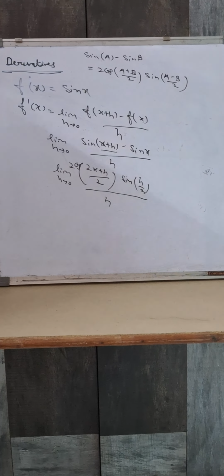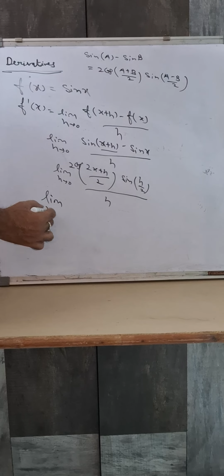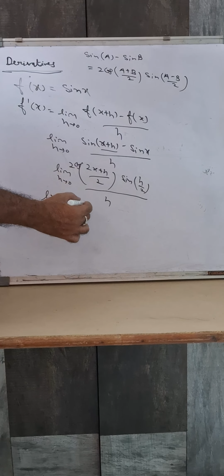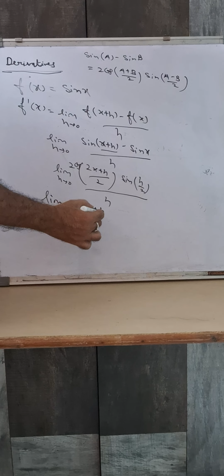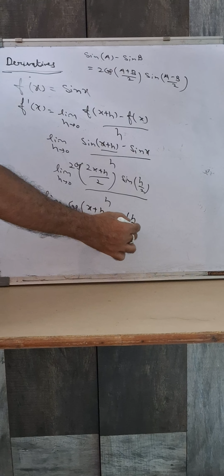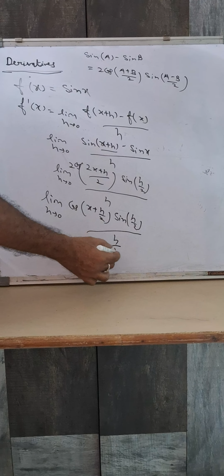Okay, rearrange it. Limit h tends to 0 cos((x+h)/2) sin(h/2) upon, here 2 can be taken below.